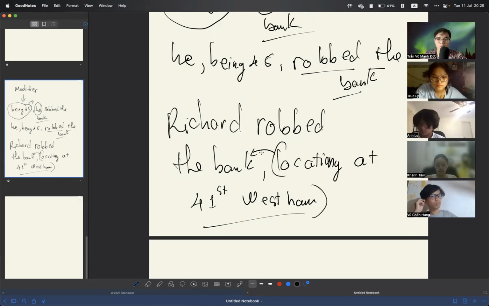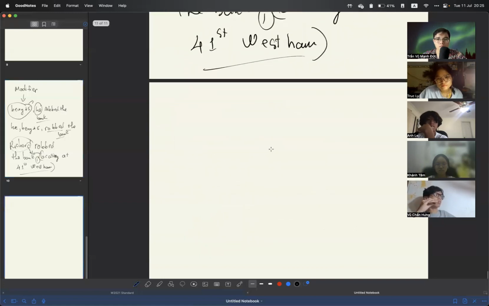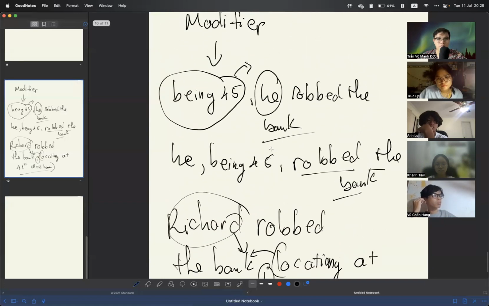The comma supports a word right in front of or after it, which means that if you put Richard here, it means that Richard is locating at 41st West Ham. Yeah, that's the only thing to remember. A modifier modifies the word directly beside it. It does not skip any word right in front of it. So that's one thing to remember.